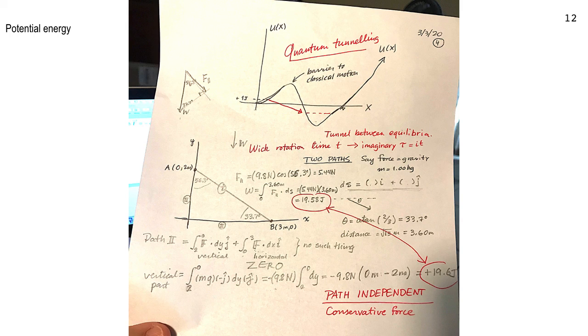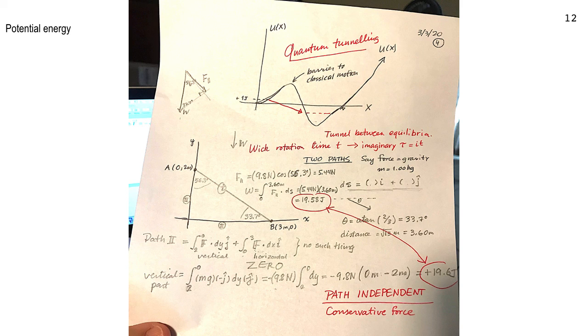I've got 2 number 3s. So if this is your potential, like this, no, let's go all the way up here. Let's make this divergent up here. Okay, so this is your potential energy curve. This is your x-axis.